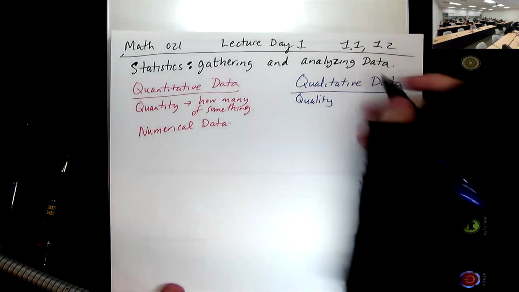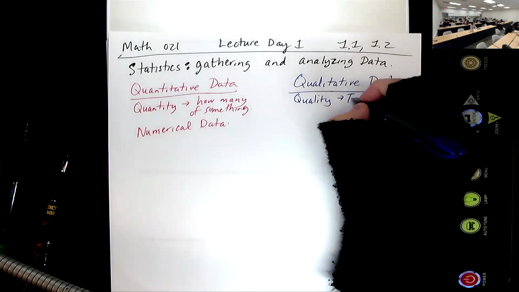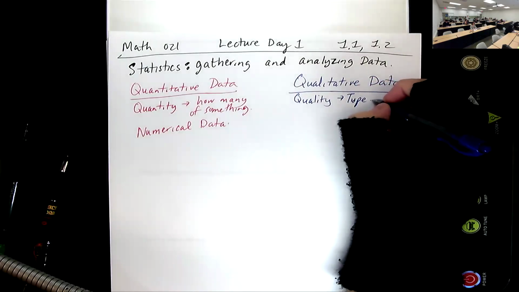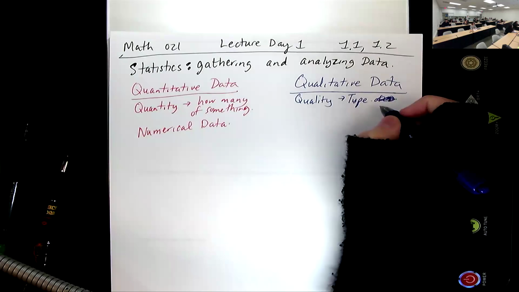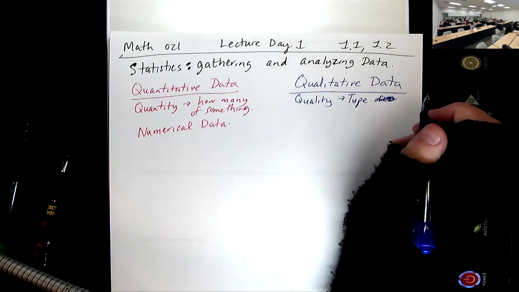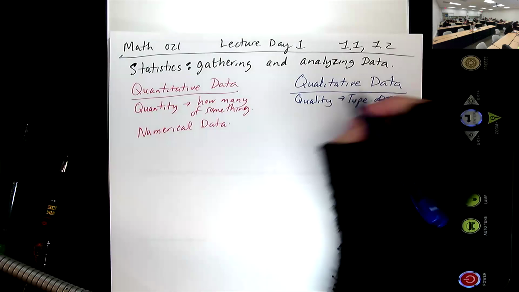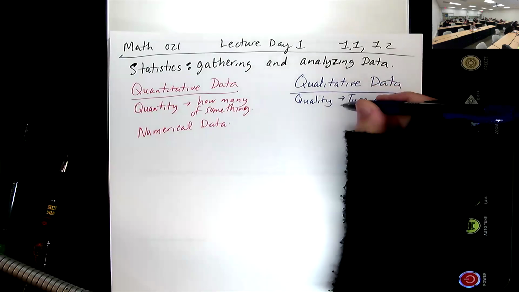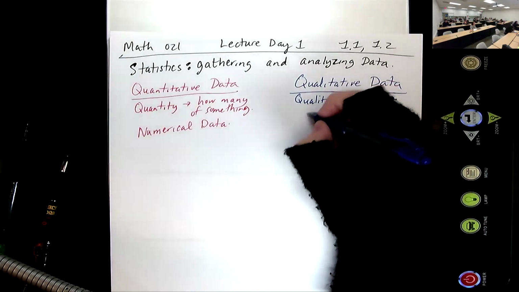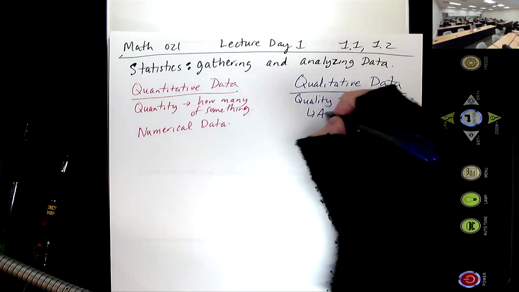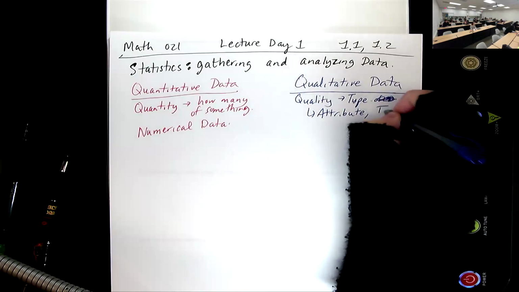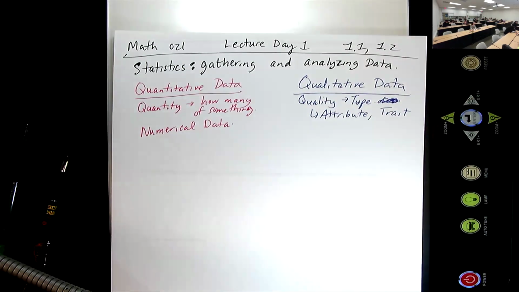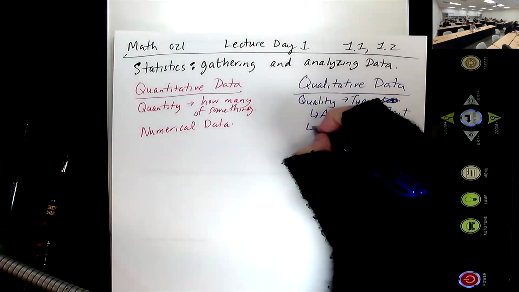Quality is like type or trait, the type of data. So like, what type of hair do you have? What type of height do you have? Lots of different things fall into this category. This is quality, or we could call it an attribute about something, or a trait, a characteristic.